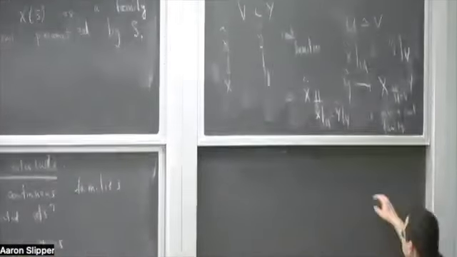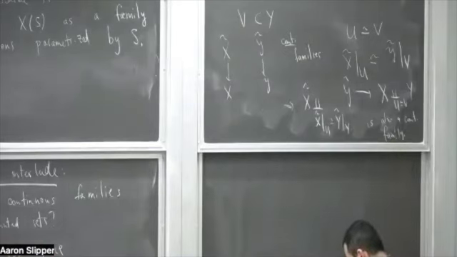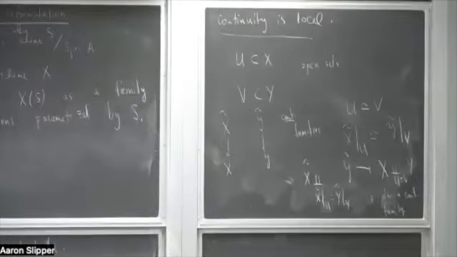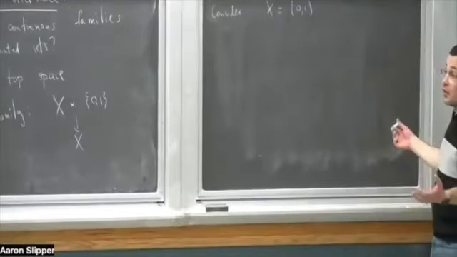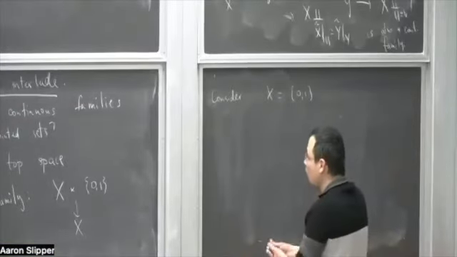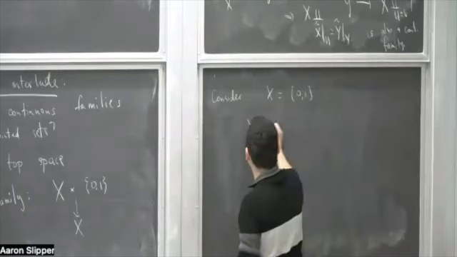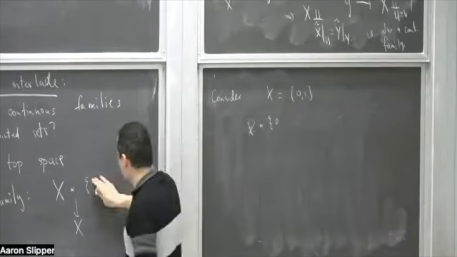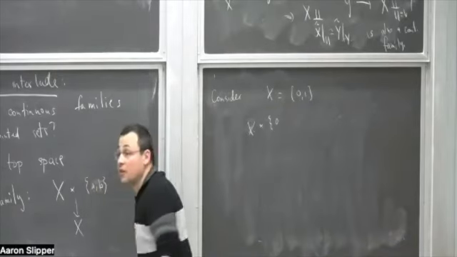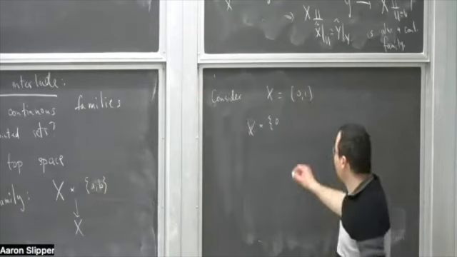So consider X to be the unit interval, and again let's stick to families of two-pointed sets. I can take X cross, maybe I shouldn't call this 0, 1, let me call it A and B, just to distinguish.